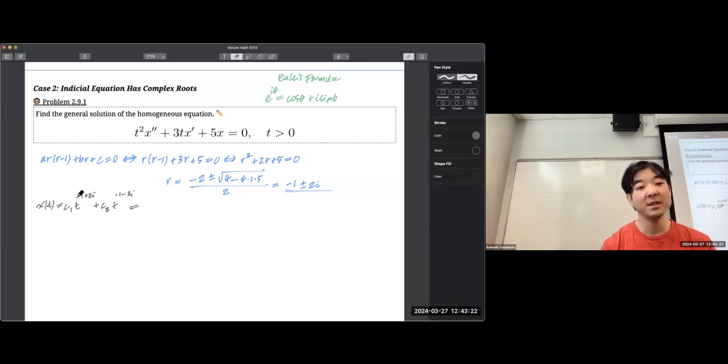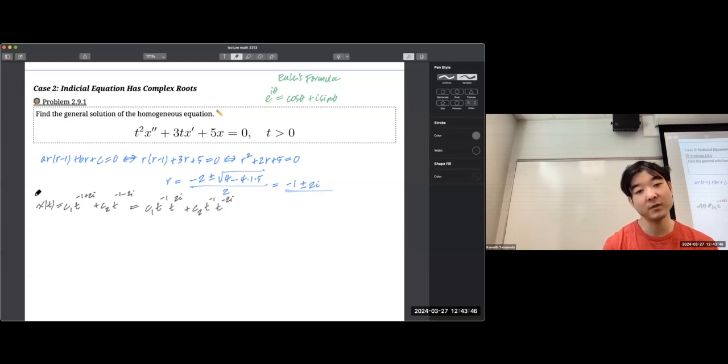One thing I'm going to notice is that since this is t raised to -1 plus 2i, you can split the exponentials. So you can say C1 t to the -1 times t to the 2i plus C2 t to the -1 times t to the -2i.